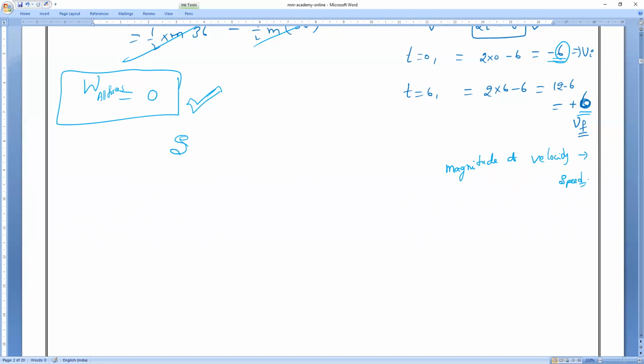If you notice, velocity is changing, maybe plus and minus, it doesn't matter.